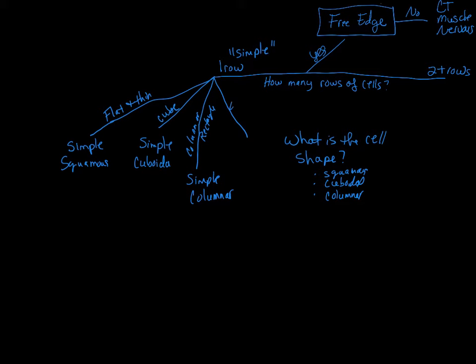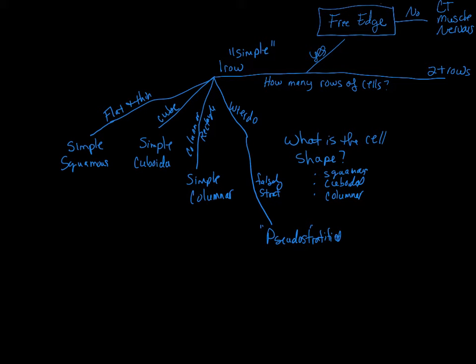Is the cell funky? So this is my weirdo simple. And the weirdo, and we're going to bring it down here so I have more room, is pseudostratified. So basically, remember, the pseudo means falsely stratified, all right?